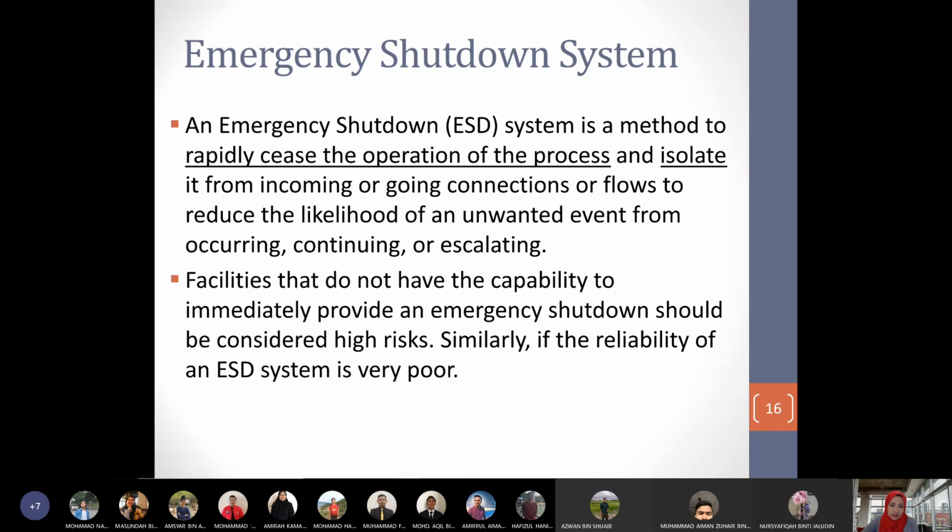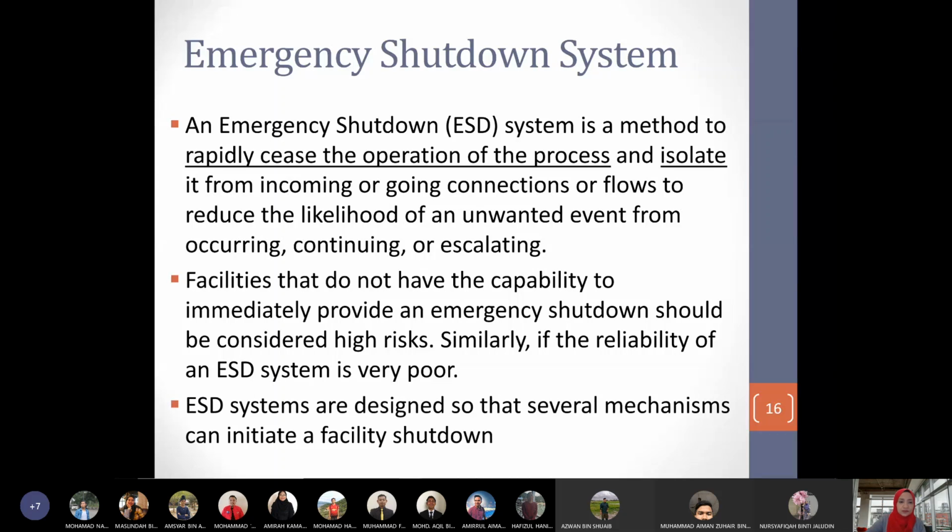So facilities that do not have the capability to immediately provide an emergency shutdown should be considered as high risk. Similarly, if the reliability of an ESD system is very poor, then it means it is working on a very high risk.